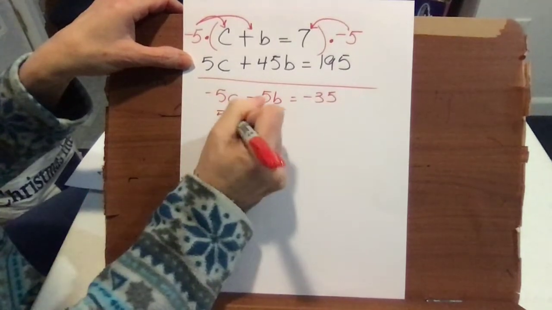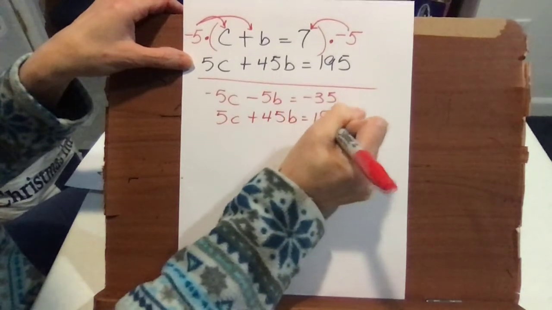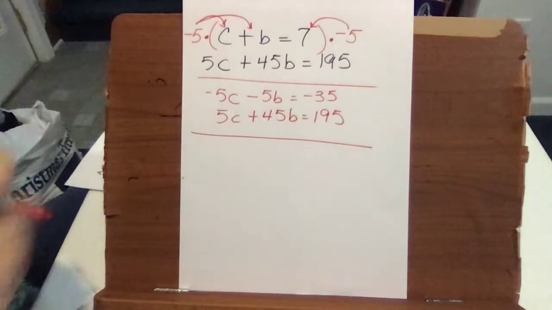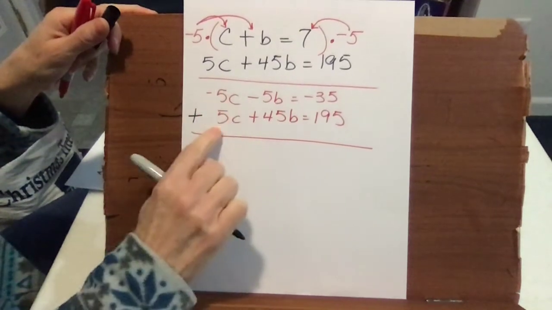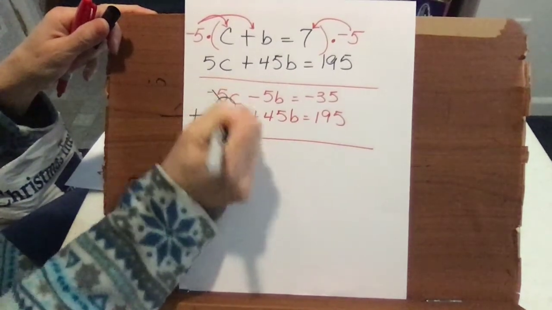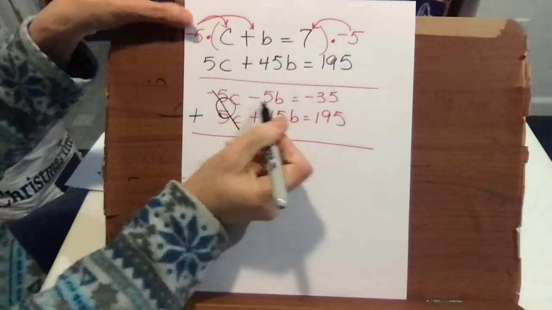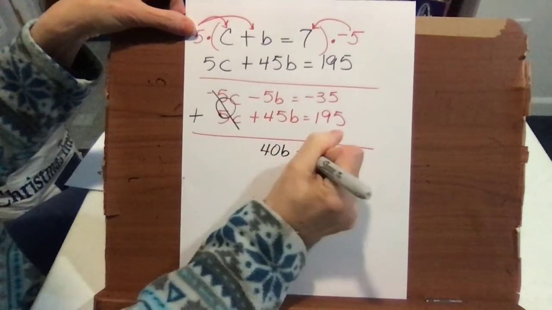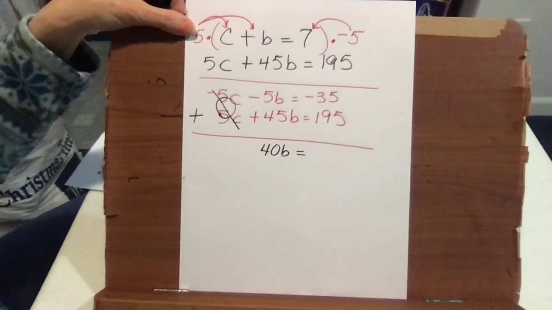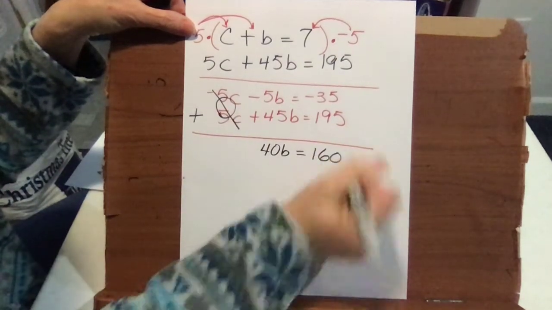Rewrite your second equation. And we are going to add down the columns. -5C plus 5C goes to 0, and we've eliminated C like we wanted to. All right, -5B plus 45B is going to give us 40B equals -35 plus 195 is 160.